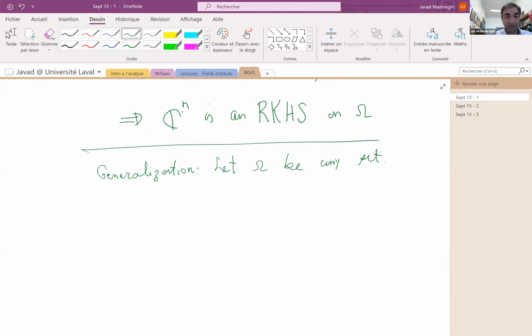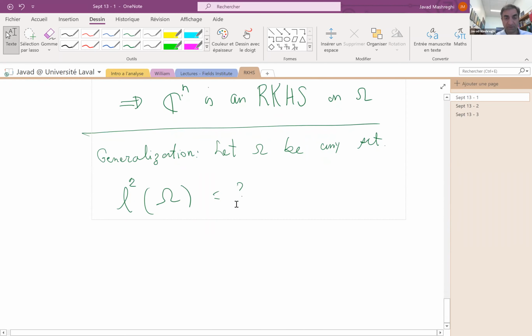And we define L2 of omega. What is L2 of omega? It is the set of all functions f defined on omega with values inside F. So we have two versions, either the complex version or the real version.